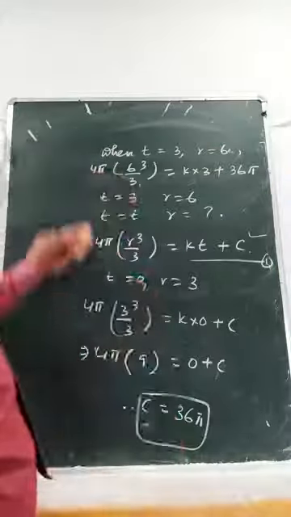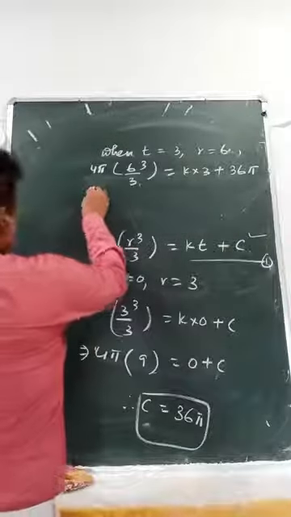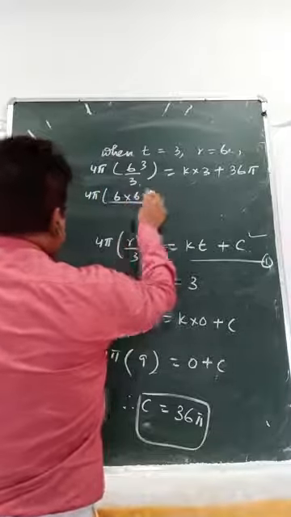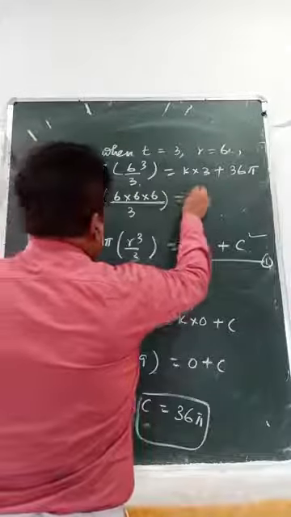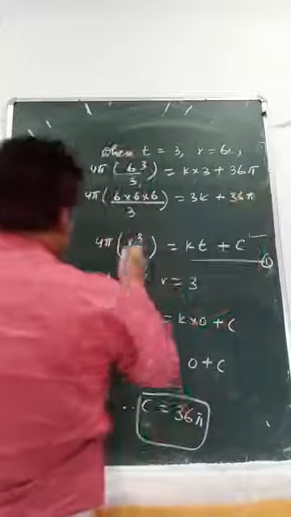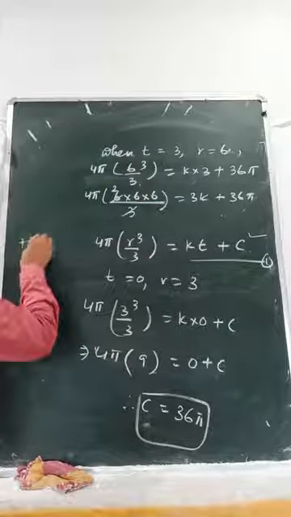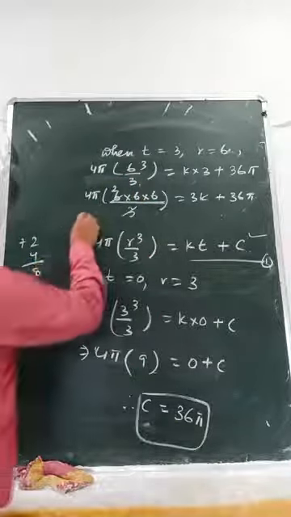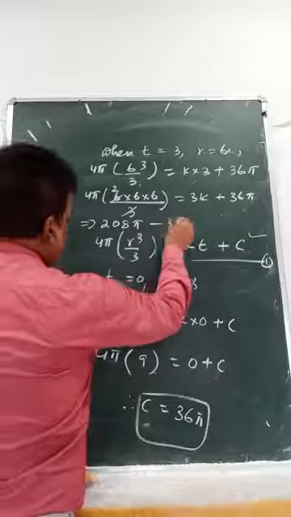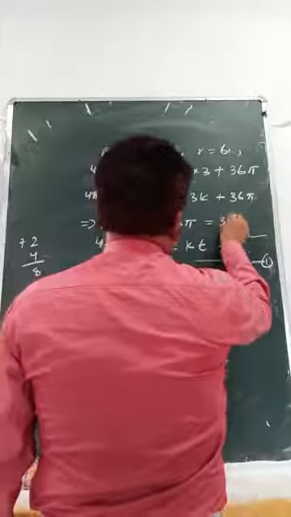You have to simplify. 4 pi 6 cube by 3 equals 3K plus 36 pi. That gives 288 pi minus 36 pi equals 3K.